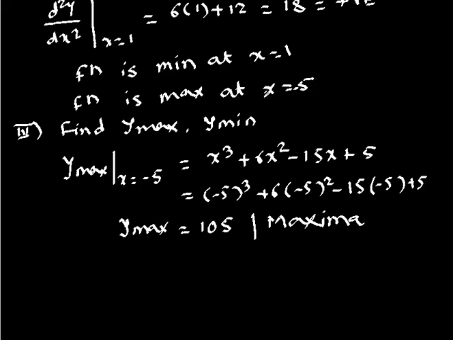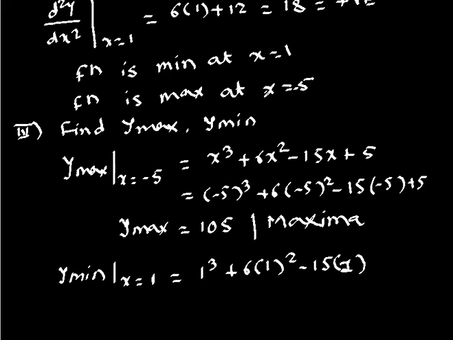This is one answer. And y minimum, we have found that it occurs at x is equal to plus 1. So putting it here, 1 cube plus 6 into 1 square minus 15 into 1 plus 5.